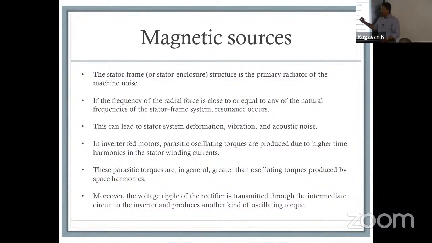You can get system deformation. You can also have parasitic noise that comes from your higher harmonic frequencies, right? You have power electronics, and you have frequencies that go much higher, so you might be able to hear them. In addition, you can get torques. It creates ripple, or parasitic values in terms of the acoustics that it generates. And one of the important ones is the voltage ripple in the rectifier, which itself can have its own kind of oscillating torque that is directly audible, or can directly be felt by the user.